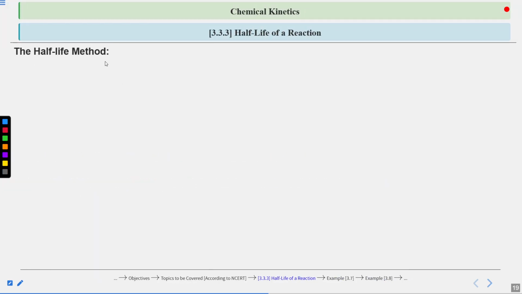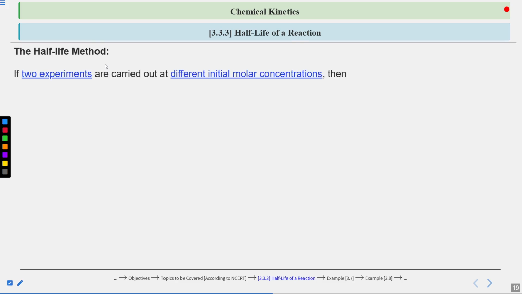Now let's see our next method, that is the half-life method. So what is the half-life method? If we are carrying out two different experiments, having reactant with different initial molar concentrations, then t_half1 divided by t_half2 is equal to (A2 by A1) whole power n minus 1.